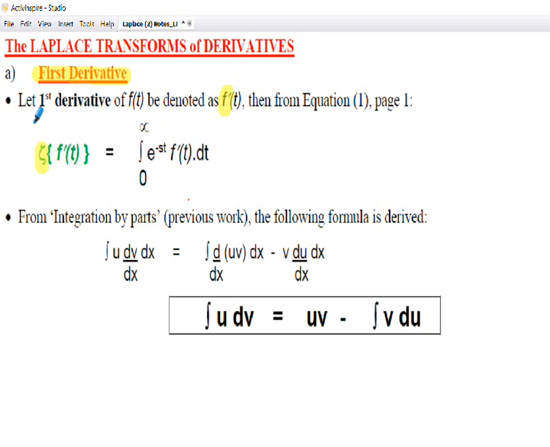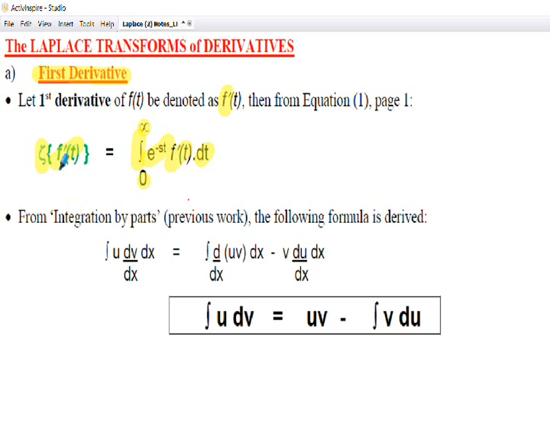So the Laplace transform of the first derivative of our function of t will be the integral of e to the minus st multiplied by our first derivative of t with respect to t between the limits of 0 and infinity.